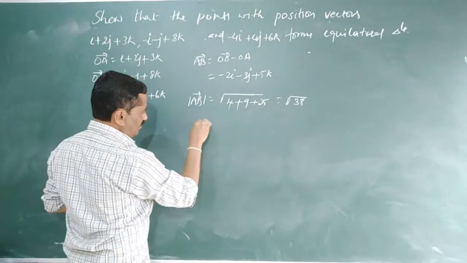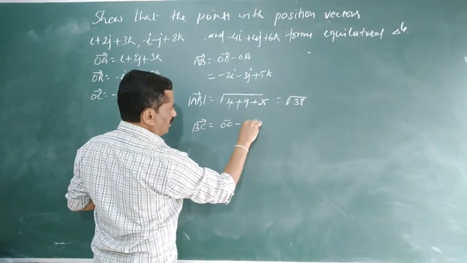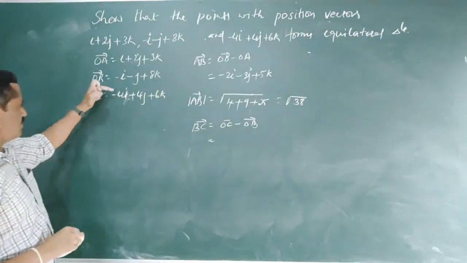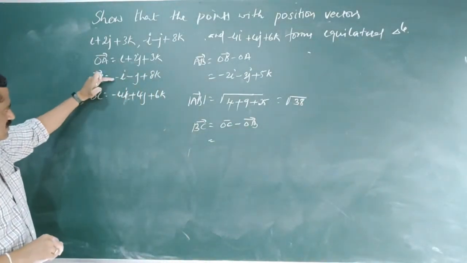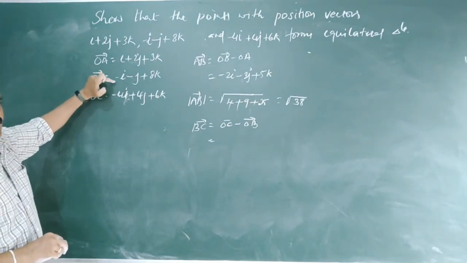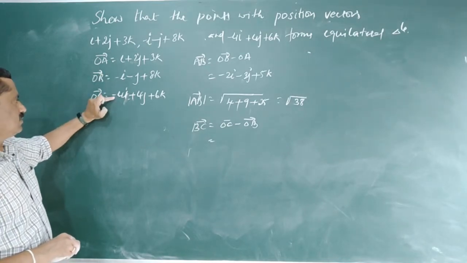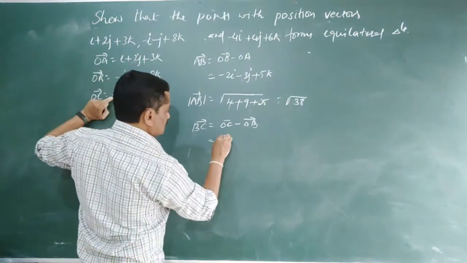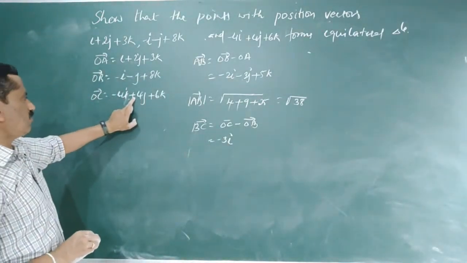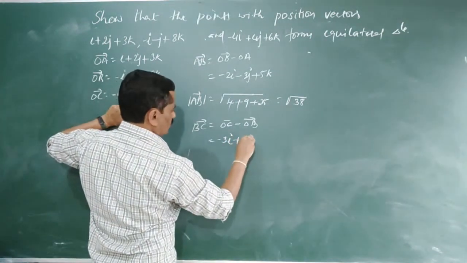Similarly, we need to find BC bar. BC bar is equal to OC bar minus OB bar. That is equal to this minus this. So minus 4 minus of minus 1, we have plus 1. Therefore minus 4 plus 1, we have minus 3i. Again 4 minus of minus 1, that is plus 5j.